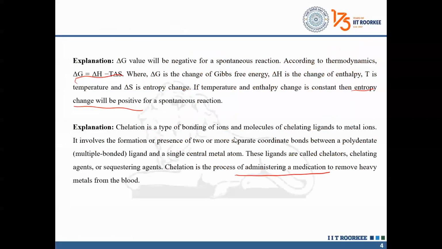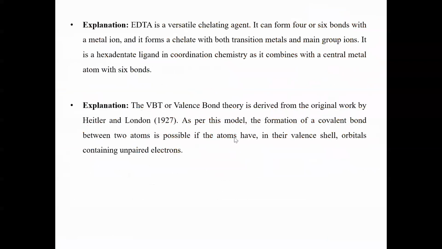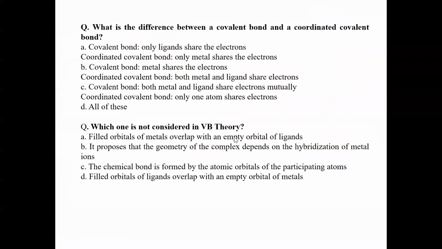I think till here all the explanations are clear to you, right? So moving to the next one, what is the difference between a covalent bond and a coordinate covalent bond? Okay, so here are four options.